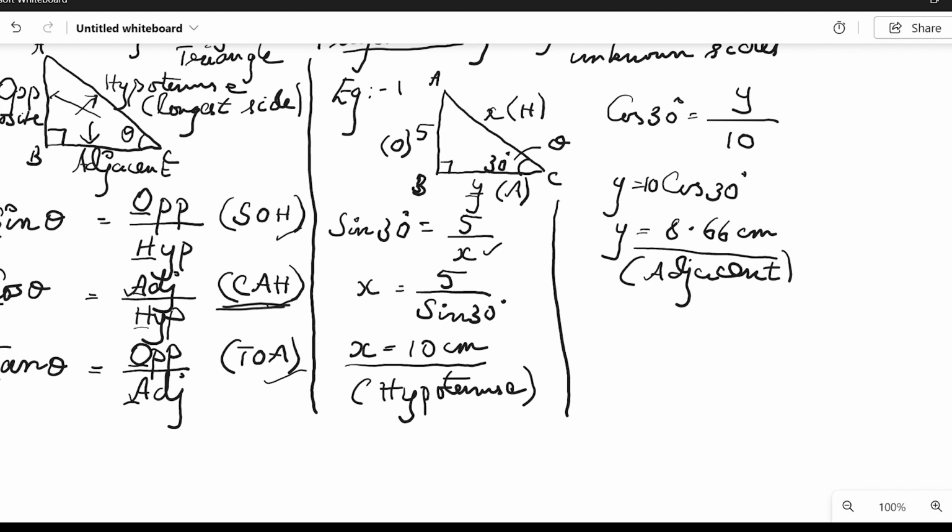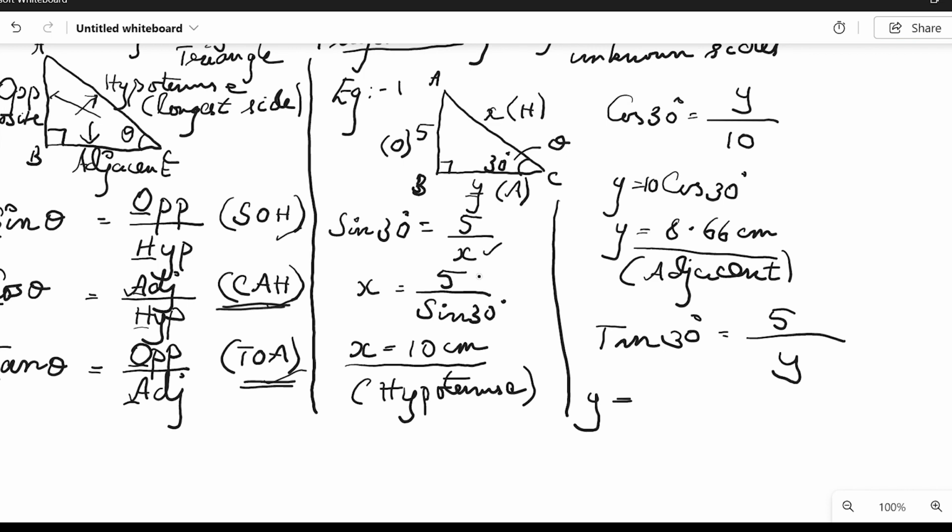This way you can find the adjacent side of a right angle triangle, or if you feel like, no, I wanted to try with tan, it's okay, you can try with tan. What is tan? It is nothing but opposite by adjacent. Your opposite is going to be 5 and your adjacent is unknown, so let's keep it as y. I just now told you, whenever you have something unknown, use the swap concept.